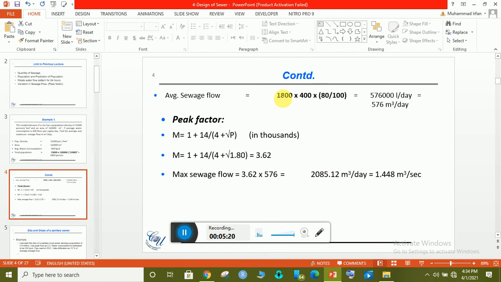The population given is 1800. When you take it in 1000, you just see 1.8. So the peak factor is 3.62. Just multiply this factor with the average flow, and you can see the peak maximum sewage flow that can be produced by this number of people.